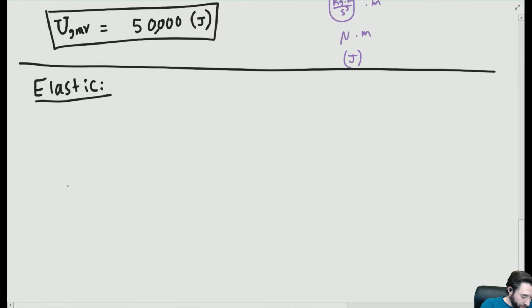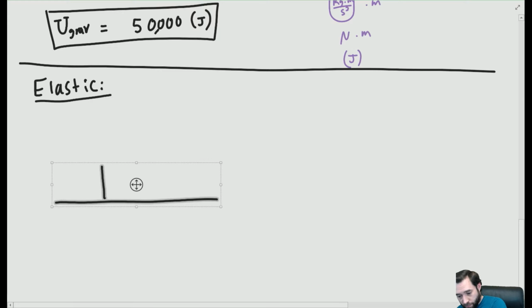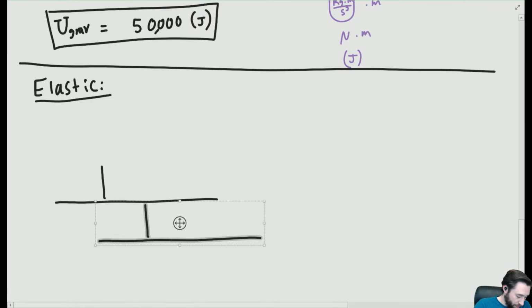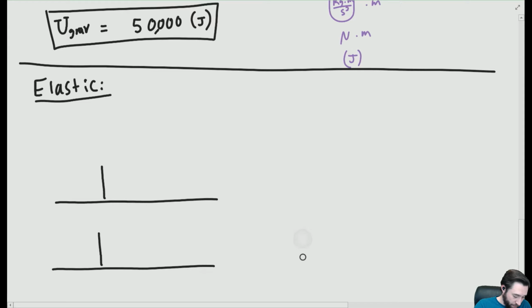So in this situation, I'm going to have a spring that is a certain length.